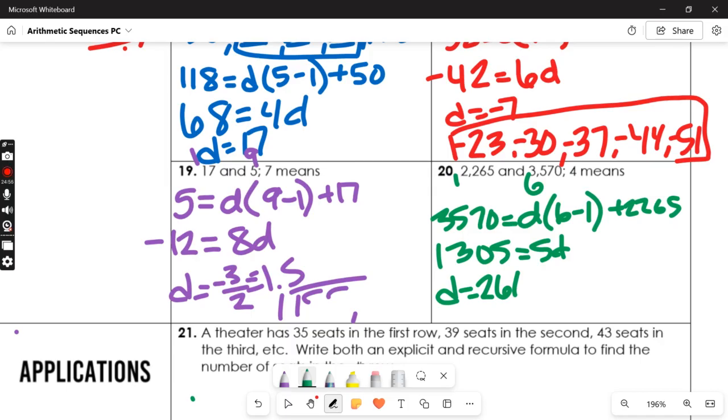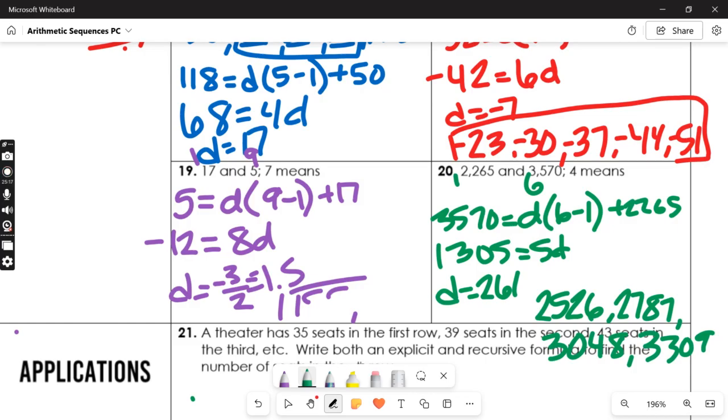So 2265 plus 261 is 2526, 2787, 3048, and then 3309.